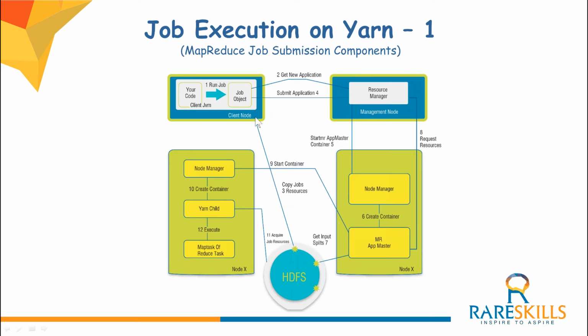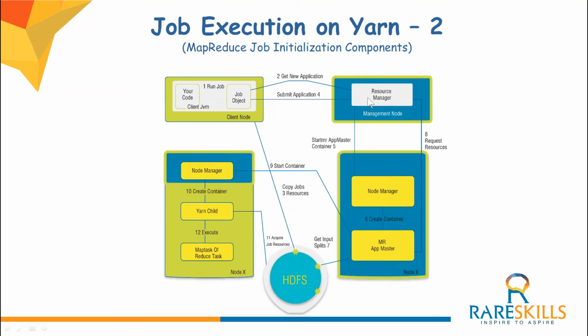So in this case, you can see the job code has moved all the job related resources to the Hadoop distributed file system here. The job code then submits the application to the resource manager. After that, the resource manager chooses one node manager with available resources and requests a container for the MapReduce application master.